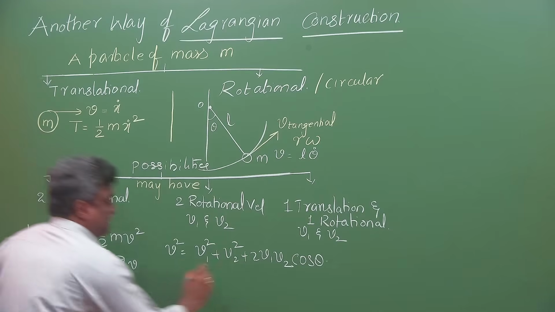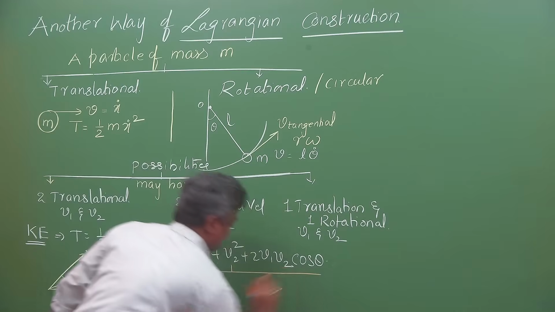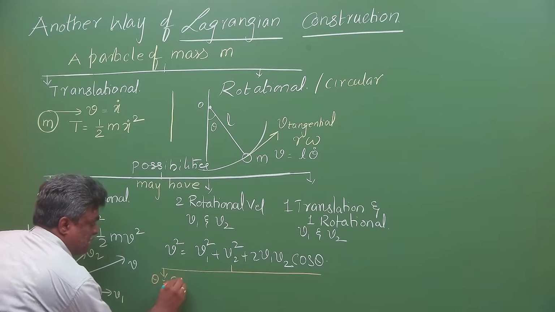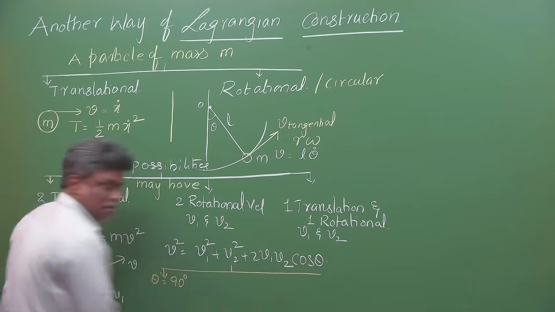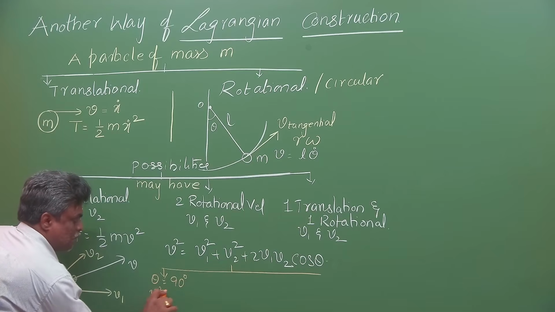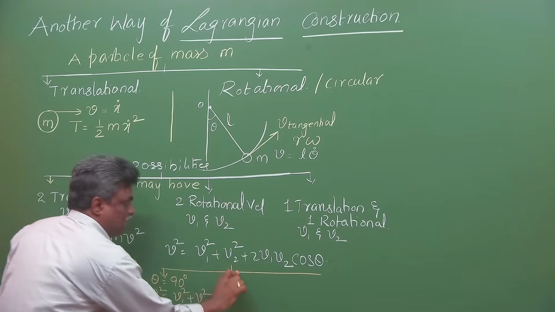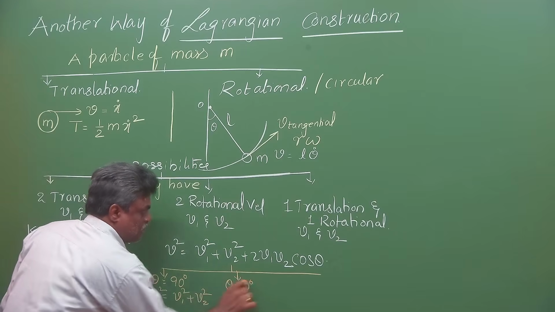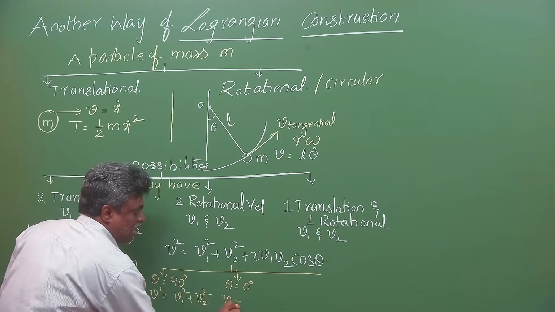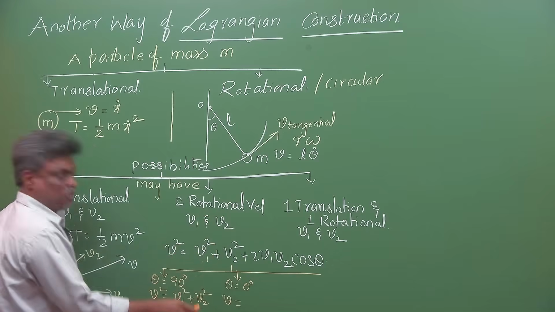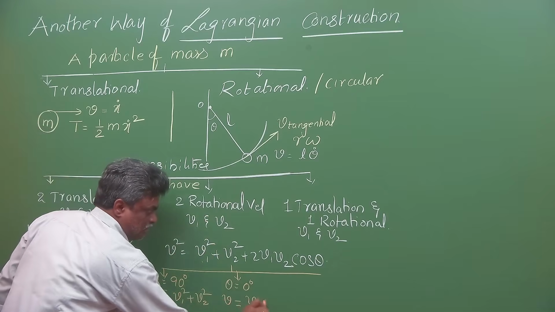Now, let me take a few options. If I assume the angle between them is 90 degrees, then the cos theta term is gone. Then V square is V1 square plus V2 square. Sometimes theta equal to 0 degrees, then V square is V1 square plus V2 square plus 2 V1 V2.